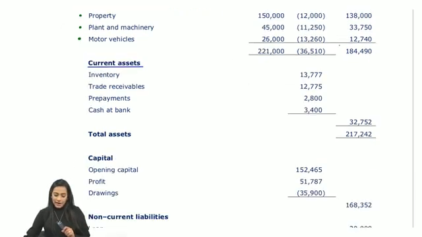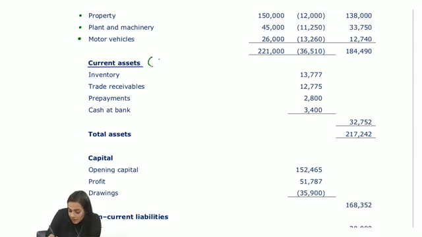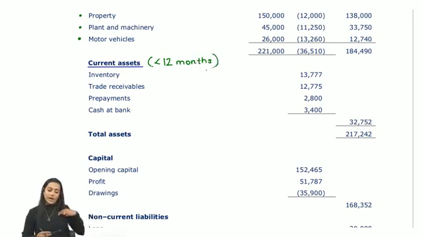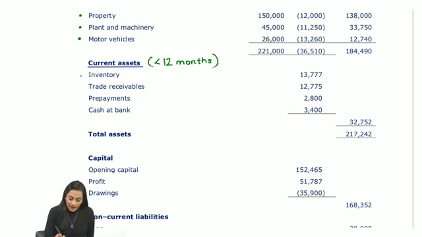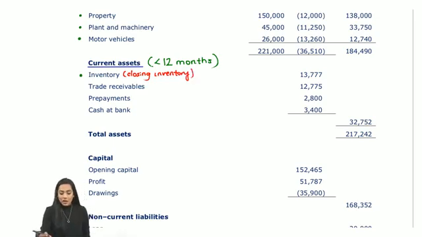Then we have our current assets. Current assets are going to be used by the business within 12 months. For example, you have inventory. More importantly, this shows closing inventory. So if you have any inventory left over at the end of the year, then that is your asset because you expect to sell that when the new year comes.